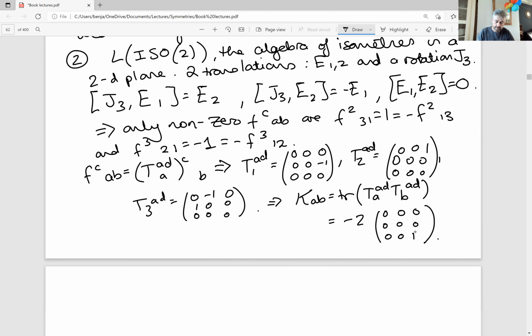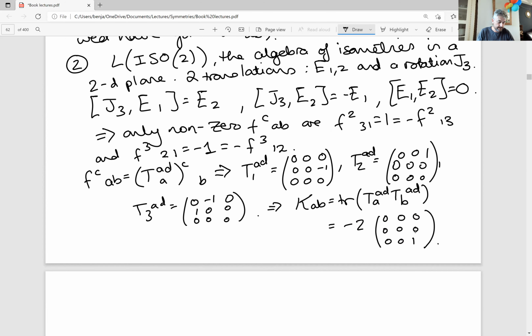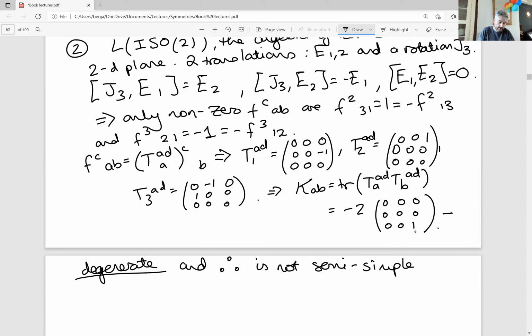So we've shown that this Lie algebra is degenerate, and therefore it's not semi-simple. It has an abelian invariant subalgebra, and of course the abelian invariant subalgebra is precisely the one between the two translations.